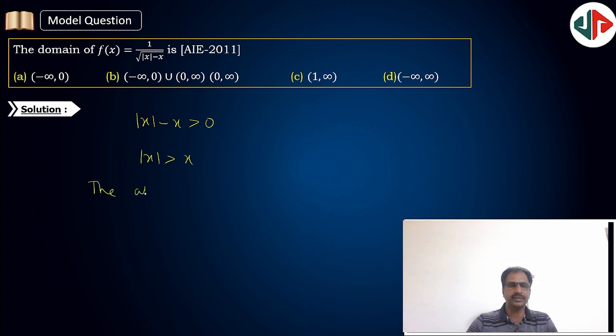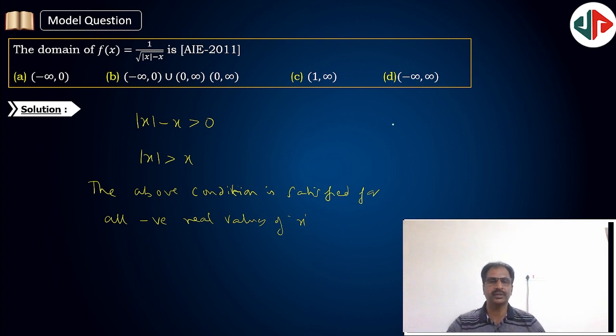Mod x greater than x is satisfied for what values of x? The above condition is satisfied for all negative real values of x.